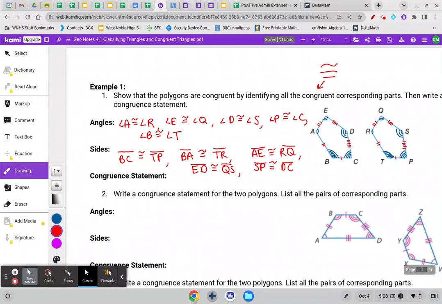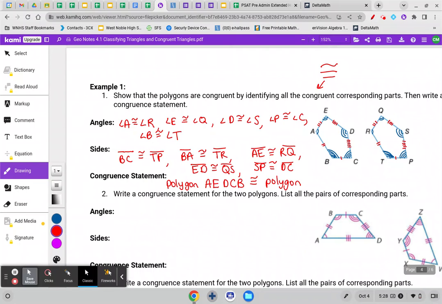So you need to have as many congruent side pairs as there are sides and as many congruent angle pairs as there are angles. And then for your congruent statement, you go ahead and say polygon, since this is a polygon, not a triangle, and write them in order. Now, it doesn't have to be alphabetical. Like this first one, I'm going to say A, E, D, C, B is congruent to polygon.